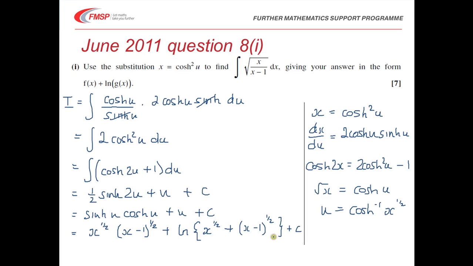So we have now given our answer in the form of f of x plus log of g of x.